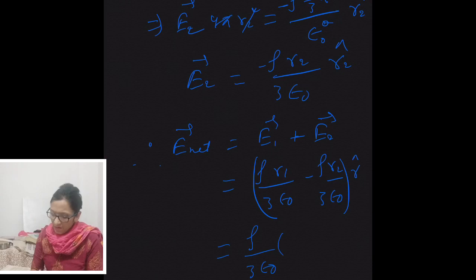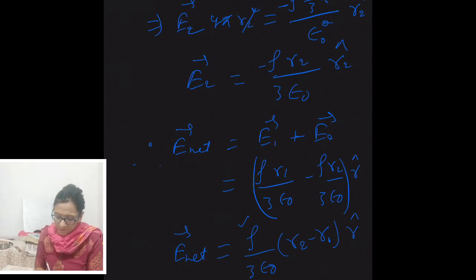So in place of R1 and R2, you can write the R vector, and this is equal to rho by 3 epsilon naught times the R2 minus R1 vector R.